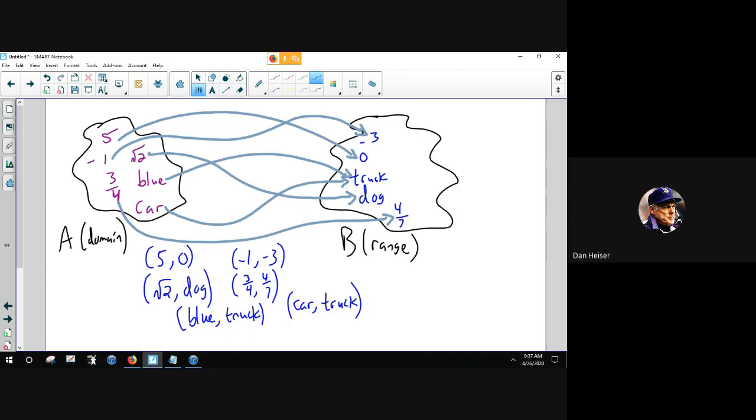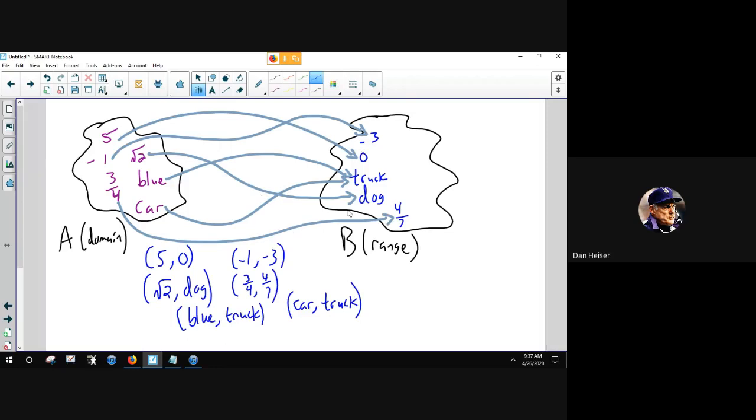If this was not a function, I would have the same x value twice. And if I look at all my x values here, if I look at my domain, I have not used anything twice. It is okay to use y's twice. It is not okay to use x's twice, unless they go to the same exact thing. So if I take 5 and I draw another arrow to 0, I have not changed anything.